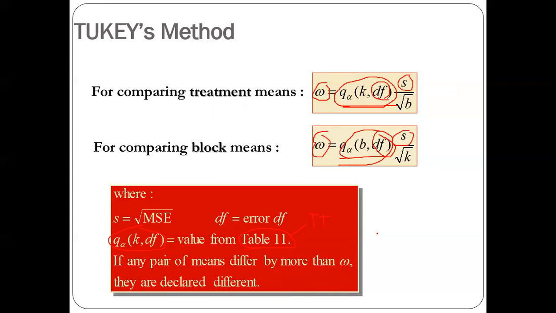In this situation, if any pair of means that we are going to compare differs by more than the value of omega, we declare that there is a difference.